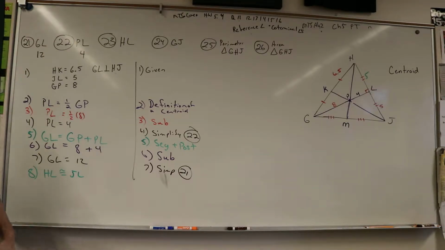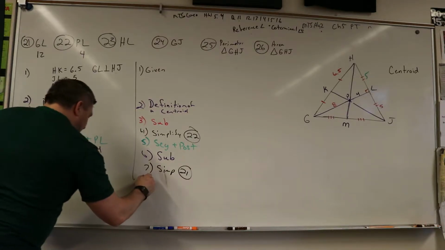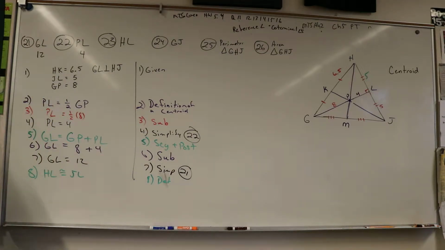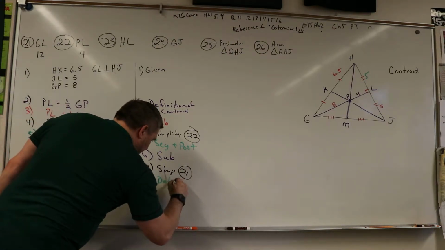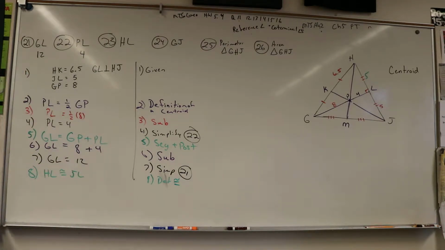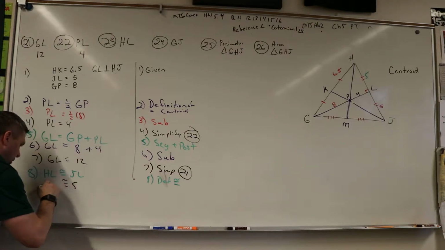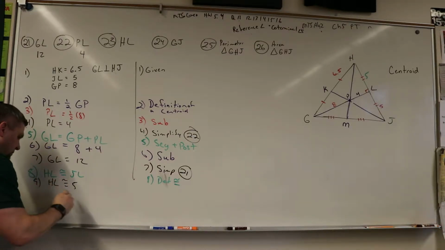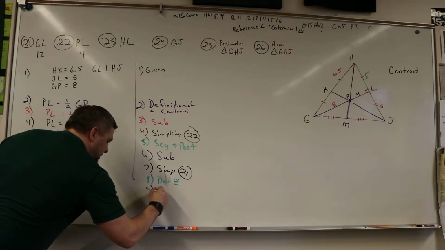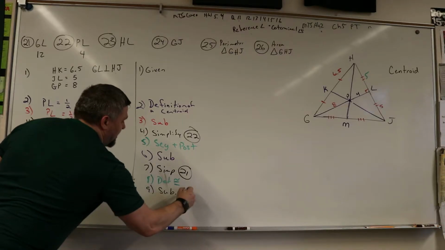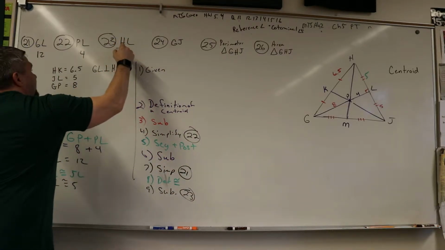So definition of congruency, because they're equal, because they're congruent. And then we substitute: JL is up here as 5, so we just substitute it in. HL is 5. Substitution. And that's 23, so that's 5.